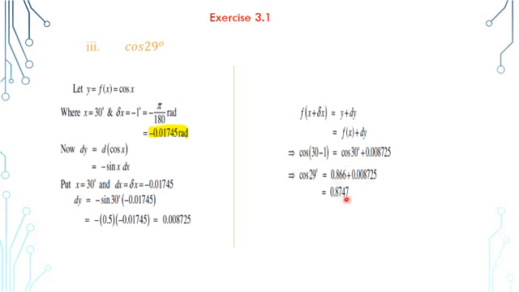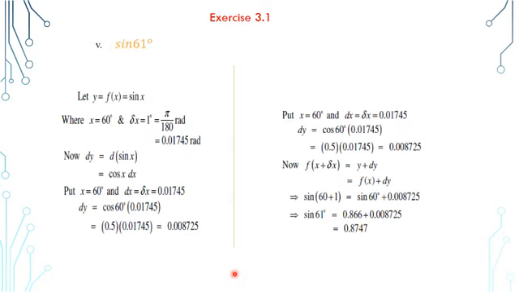So the answer is 0.8747, and you can say that cos of 29 is approximately equal to 0.8747.